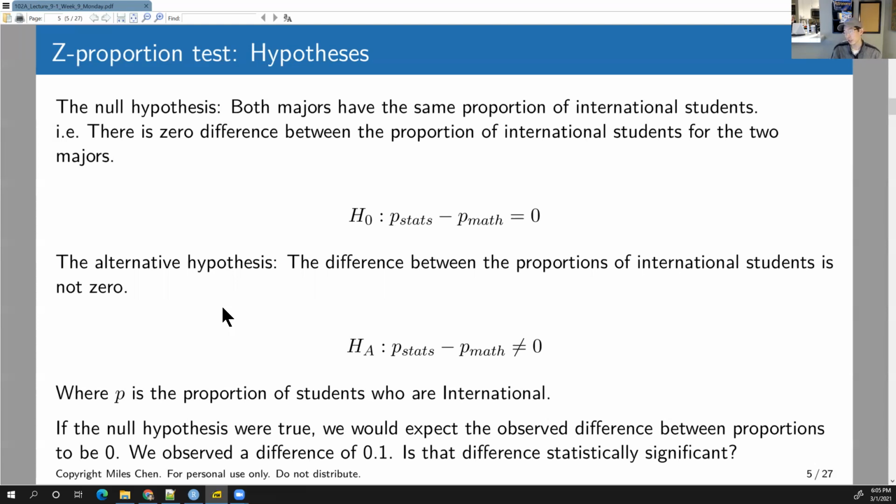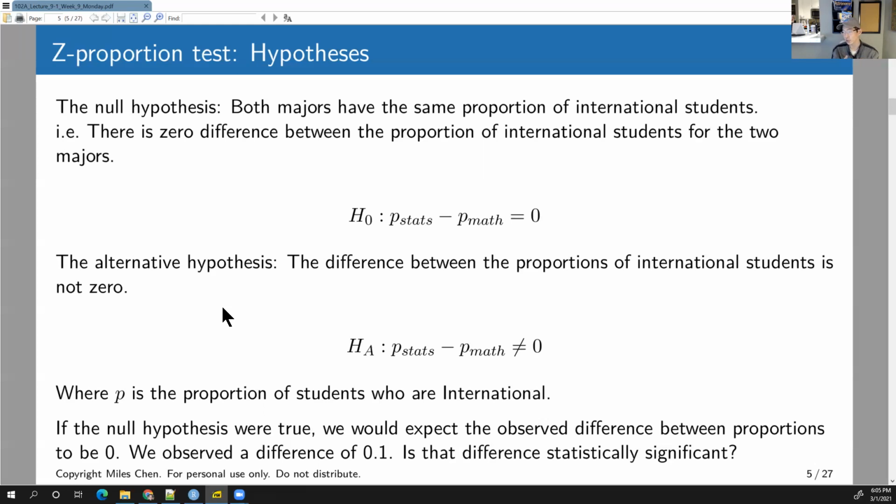For the null hypothesis, we would say that the proportion of international students is the same for both majors. Another way of stating that is that the difference between the proportion of international students for the two majors is 0, that there's no difference.